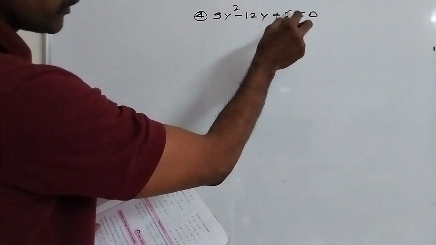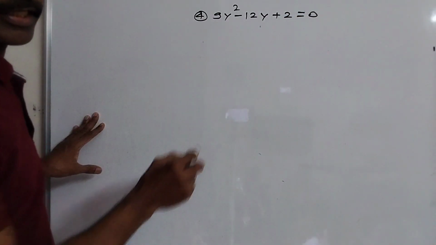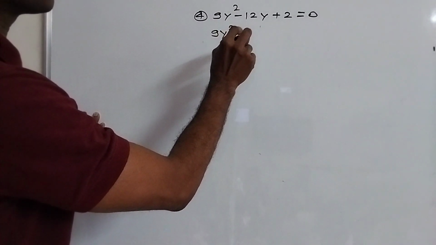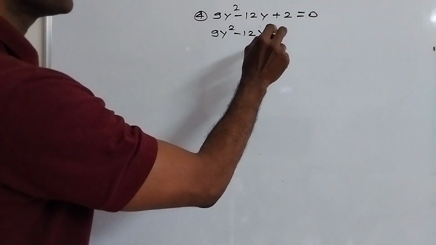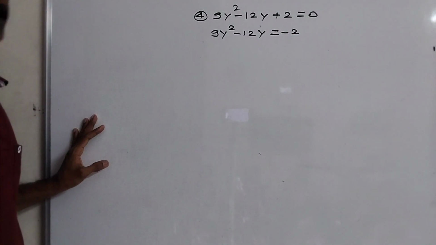Now first we take this 2 to the right side. First step: 9y square minus 12y is equal to minus 2, since plus 2 becomes minus 2.